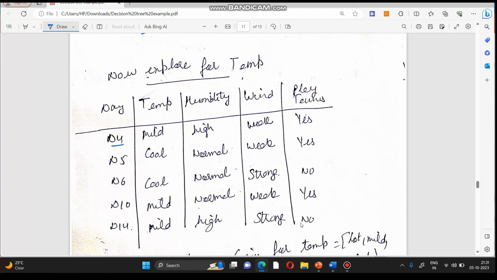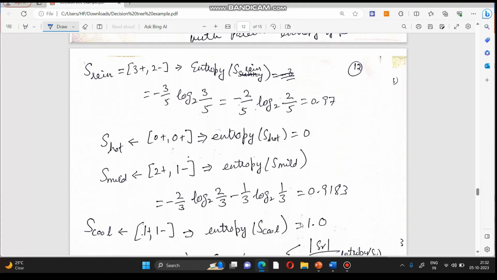Now what we need to do in this case, for playing tennis, is that the main entropy will remain S of rain in this case, because we are expanding for the rain. So we will calculate information gain for temperature, for humidity and for wind using entropy of mild, cool, here high, normal, here weak and strong. We will have a quick look at how these work.